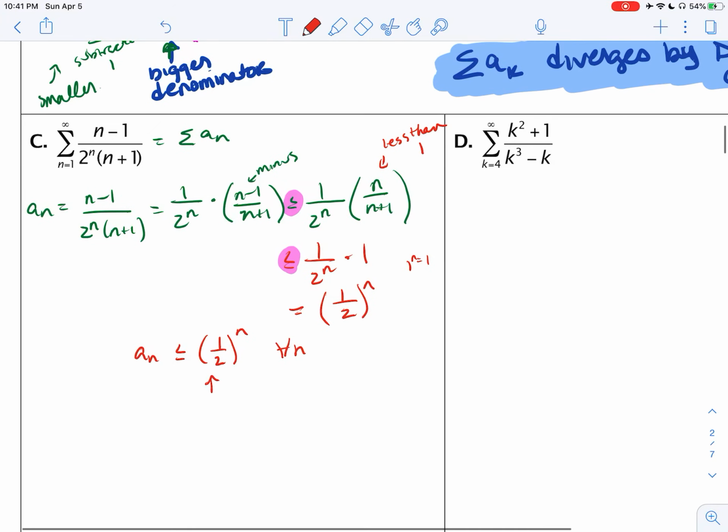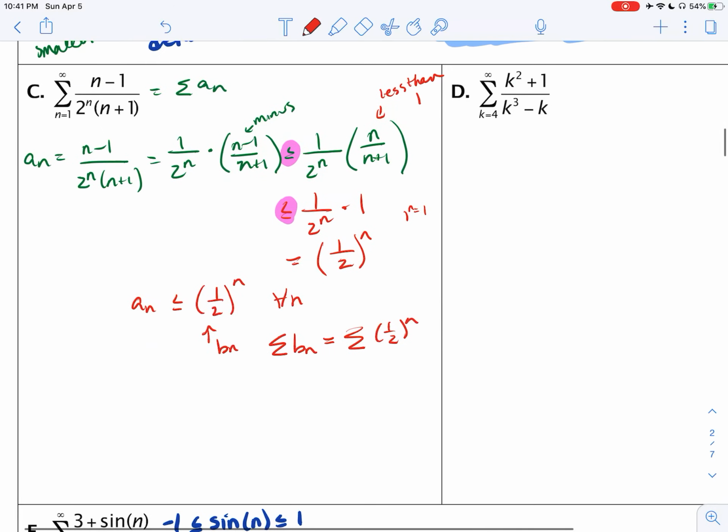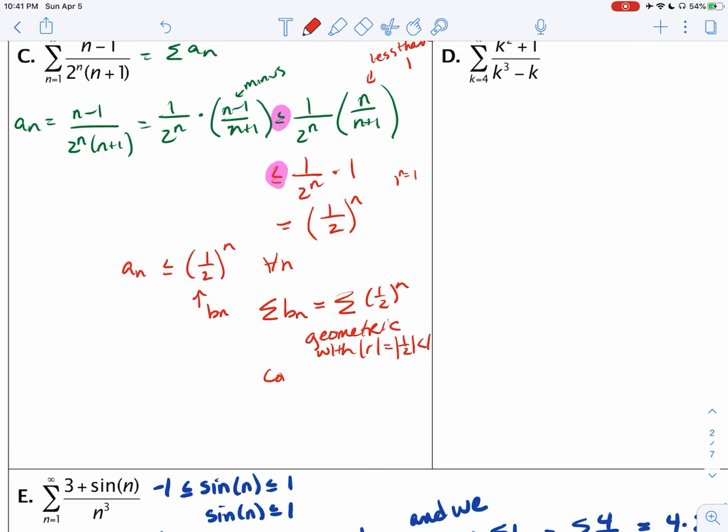So if I choose this to be my b sub n, I see that the sum of b sub n is a geometric series with absolute value of r equal to 1/2, which is less than 1, so it is convergent.